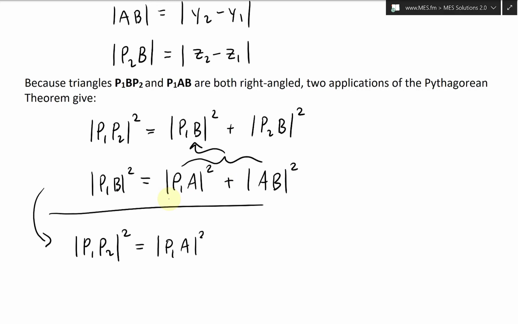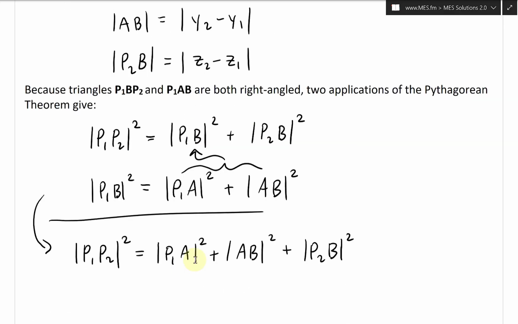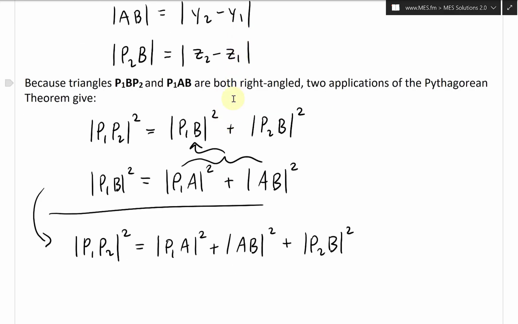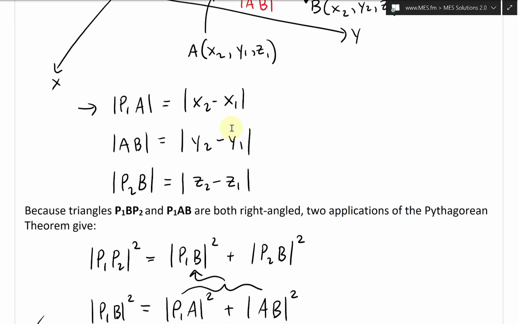The distance |P1P2|² equals |P1A|² plus |AB|² plus |P2B|². And we know what these all equal. P1A is x2 minus x1, not x squared.